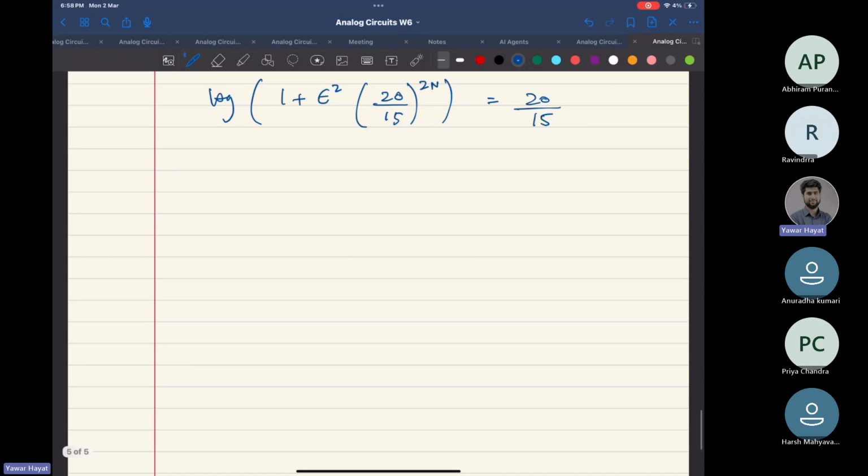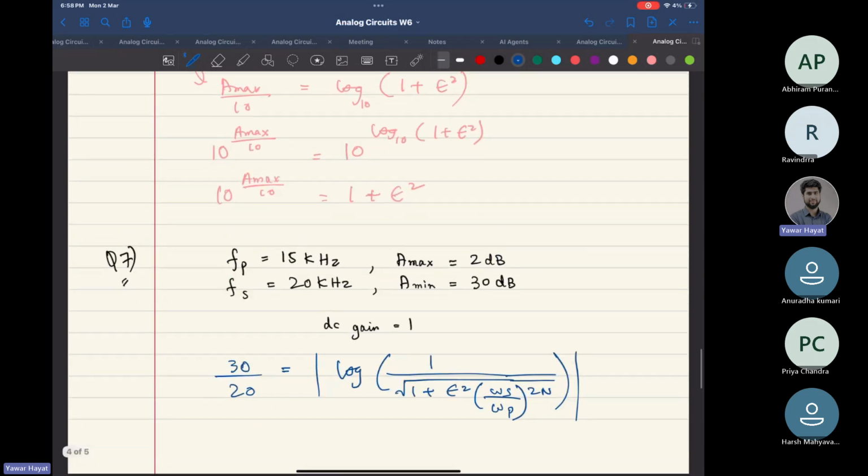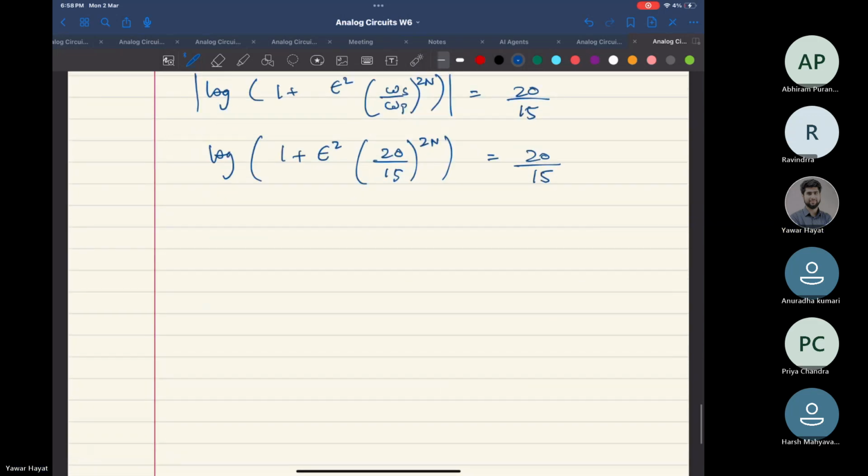Do correct me if I commit a mistake. I'm just doing it in a hurry, so it might so happen that I'll commit a mistake in the process. Now what? Log of m, it's log of 1 plus some number, right?